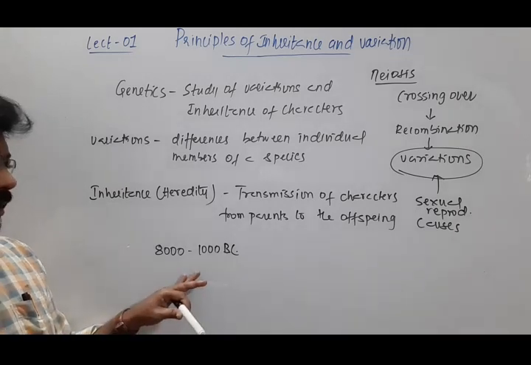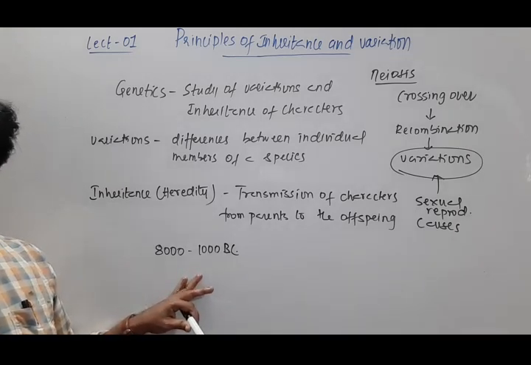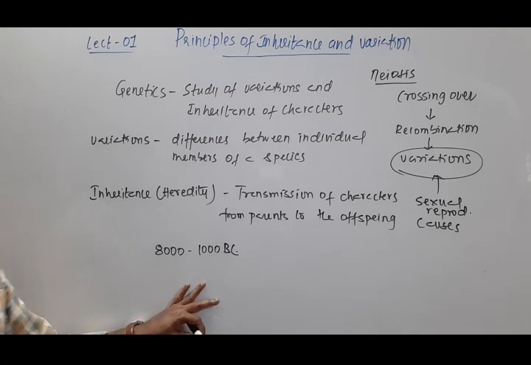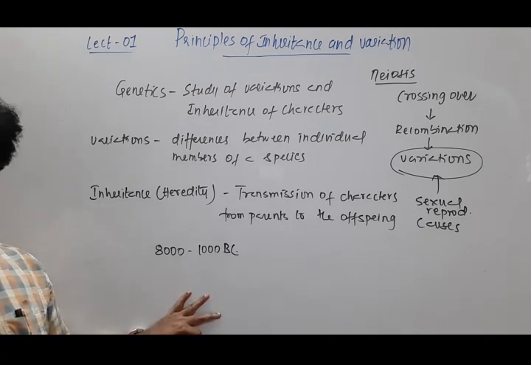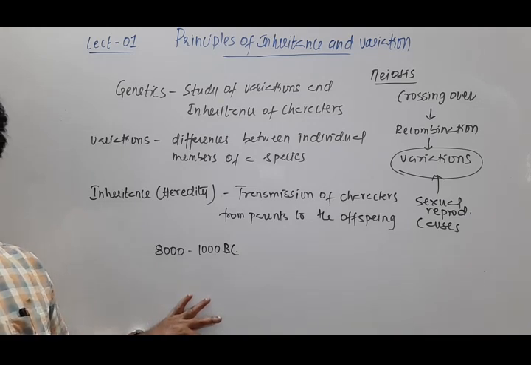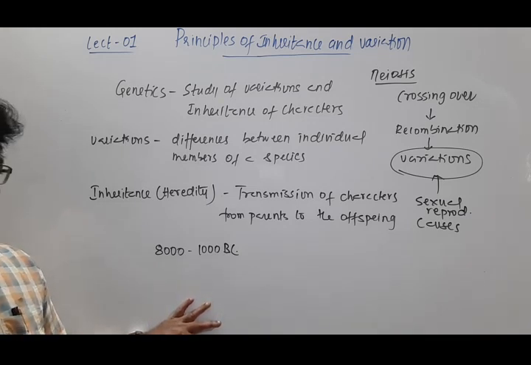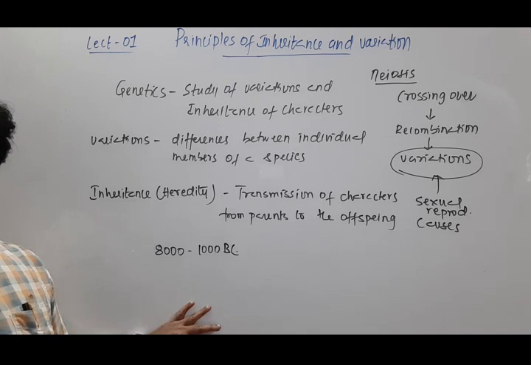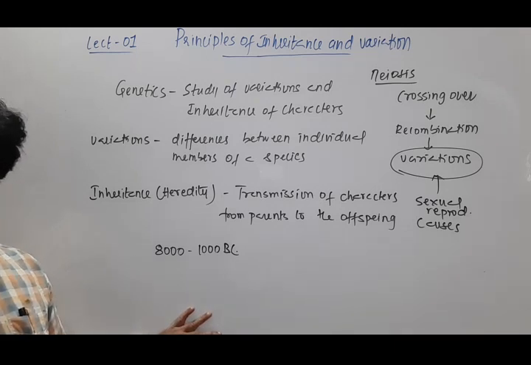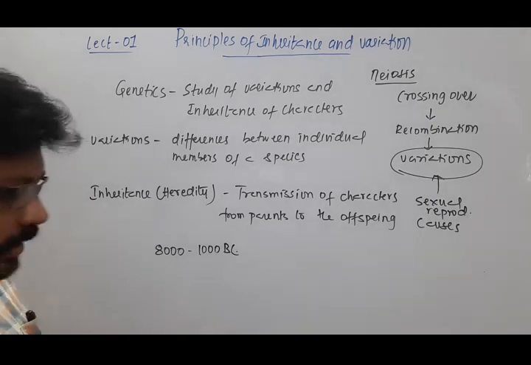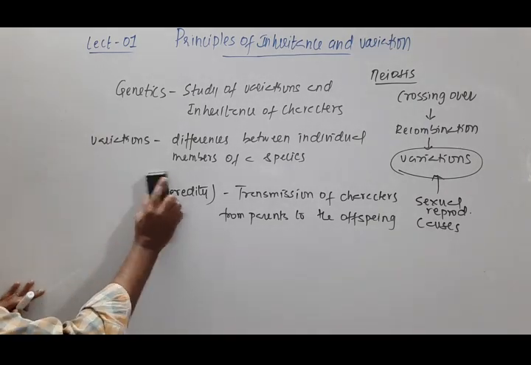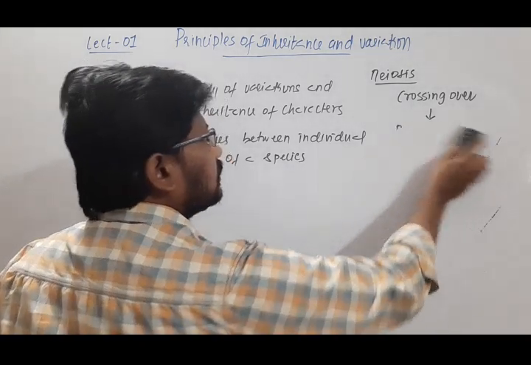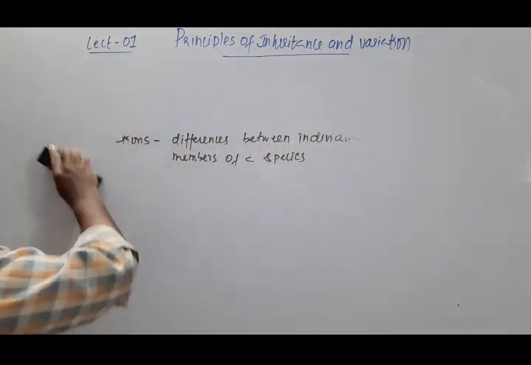What people used to do from that time was select the plants and animals that have desirable characters. They were doing selective breeding, selecting plants and animals with desirable characters that were naturally present in wild populations.